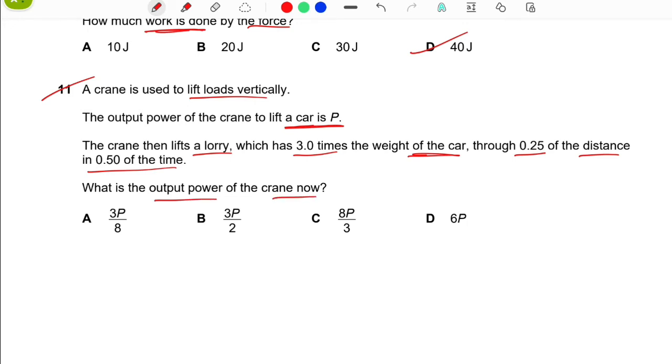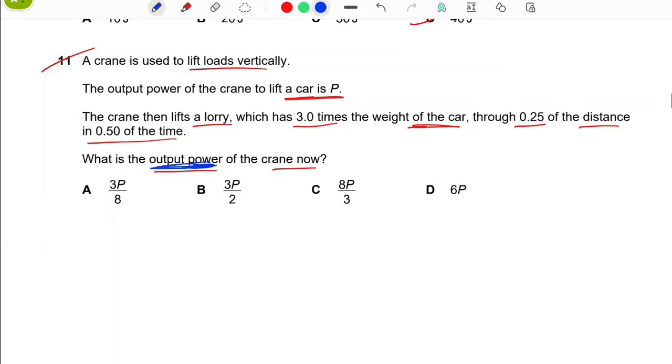So again my method comes over here. They have asked to find power, output power. So the formula for power is energy upon time, and this energy can be anything, kinetic energy or gravitational energy. Here it will definitely be gravitational energy because they are lifting it, so the height is changing, and upon time definitely.